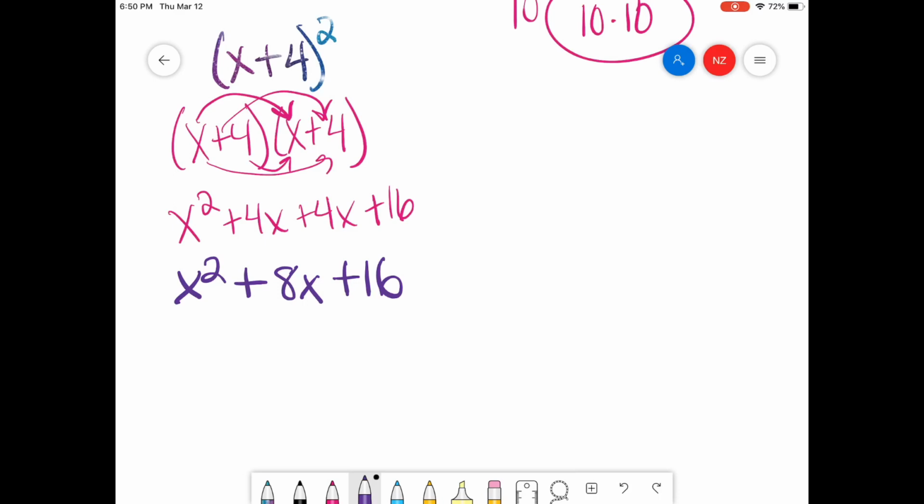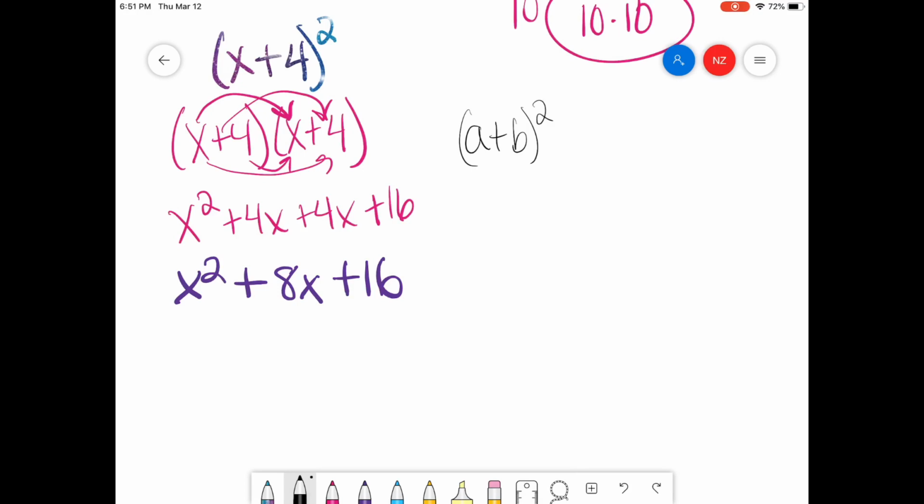Now, if I know that this is a perfect square trinomial, which I do know it is because it's x plus 4 squared, then there's a rule that you can follow for anything that resembles a perfect square trinomial.